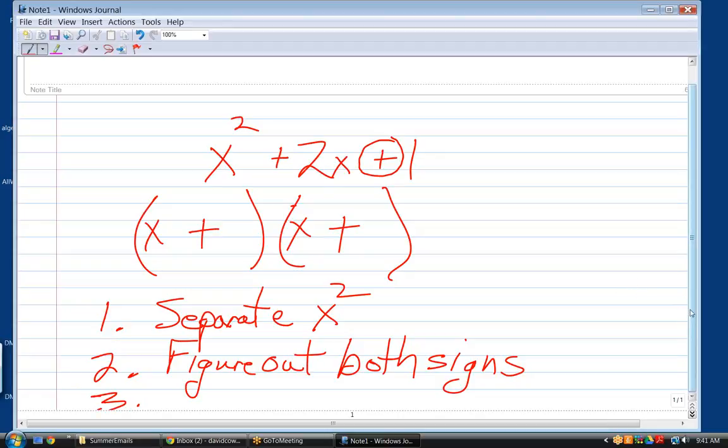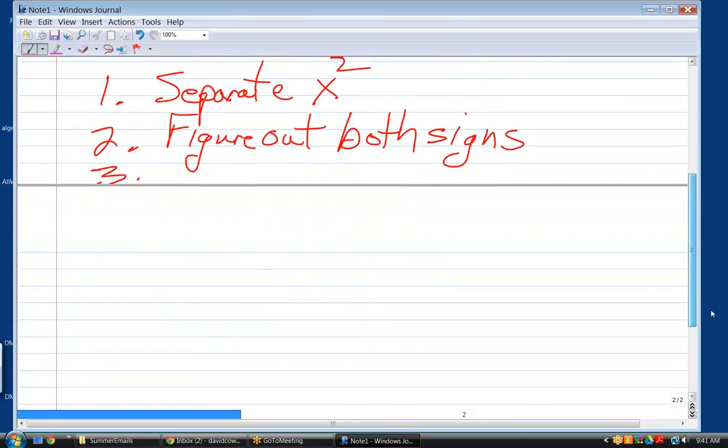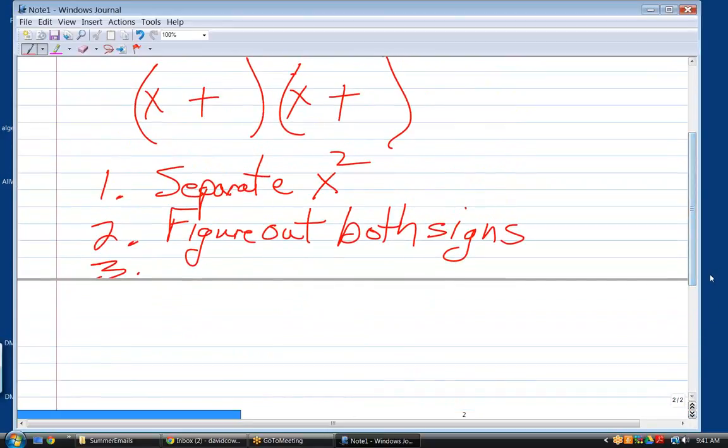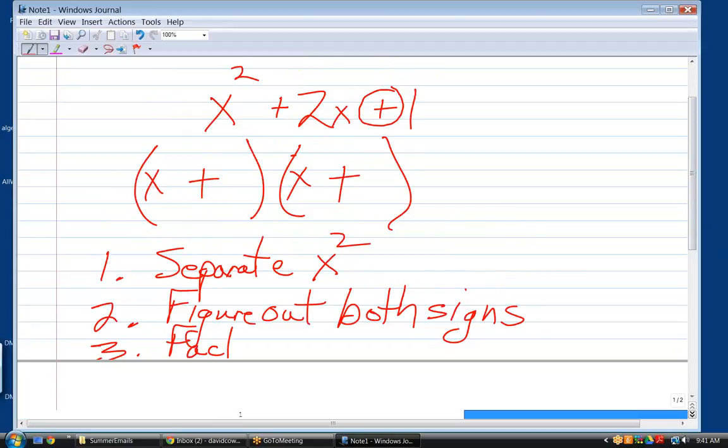Step 3. Factors of the constant. In other words, factors of the number 1, but it's not always going to be a 1, that do what?